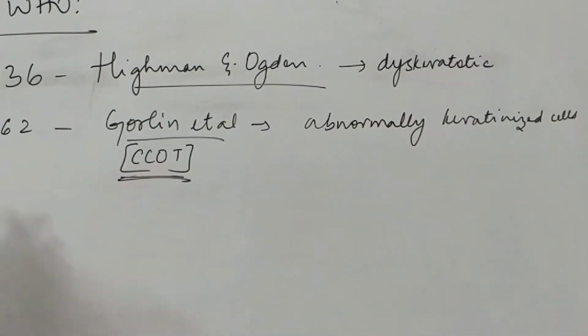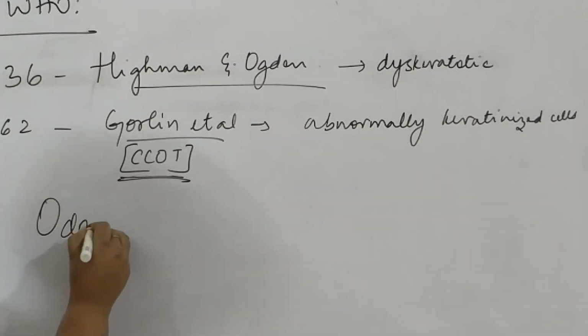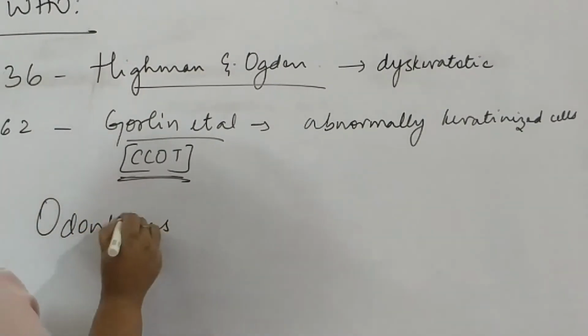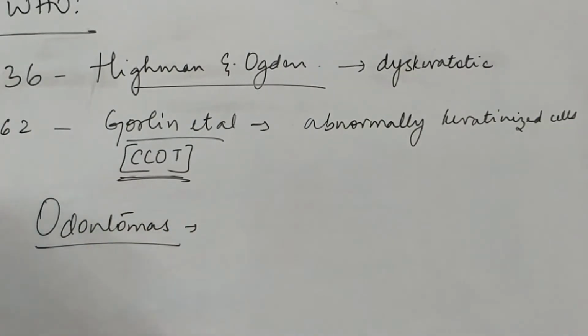Now, there is one more important odontogenic tumor in which ghost cells are seen. I have discussed it in my previous lecture, for those who are following my series on odontogenic tumors; it was odontomas. So odontomas also showed ghost cells.